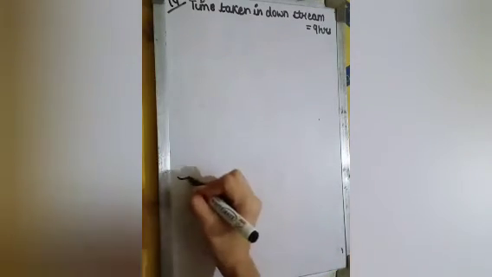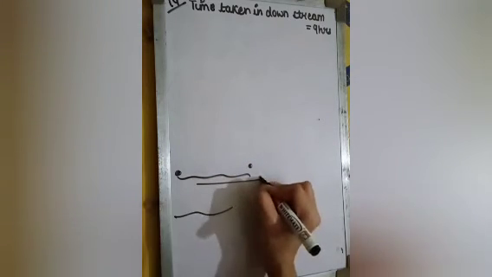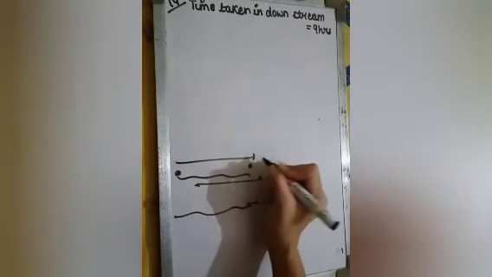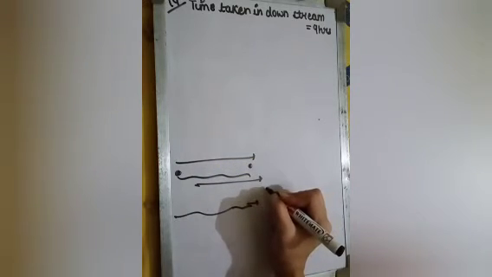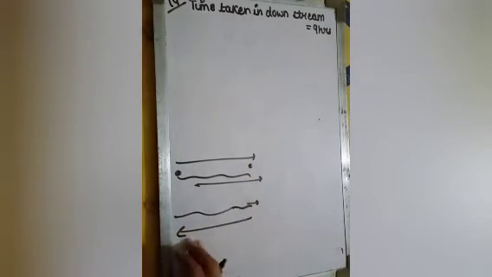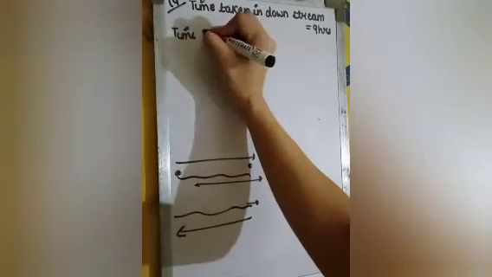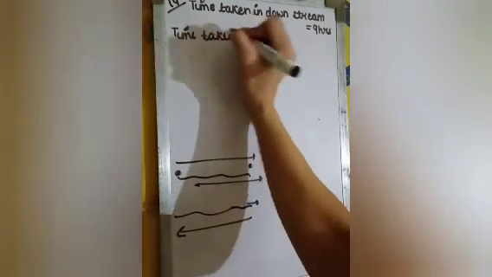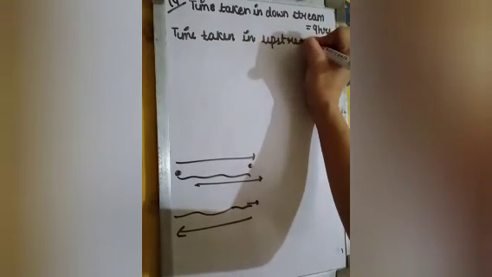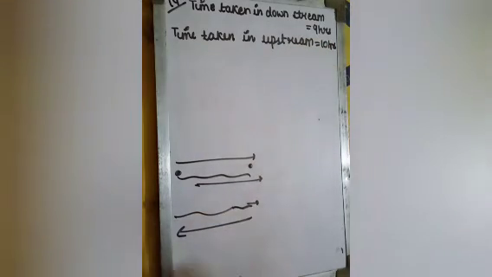See, this is a river. A steamer has to go from this point to this point. This is the direction of the river. So when it goes from this point to this point, it is going in the direction of the river. It is taking only 9 hours. But when it is coming back, it is going in upstream direction. So time taken in upstream direction, it is taking 1 hour more, so it is taking 10 hours, right?